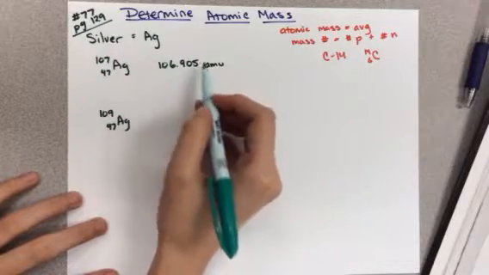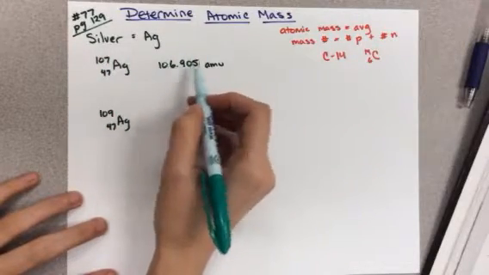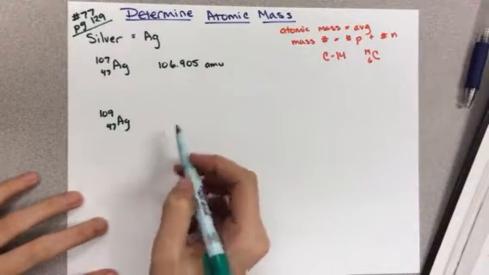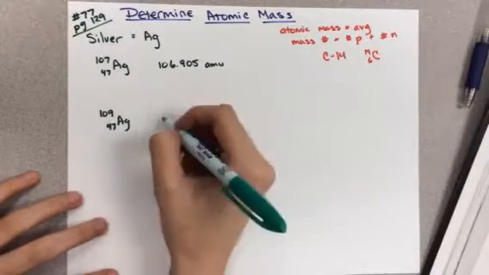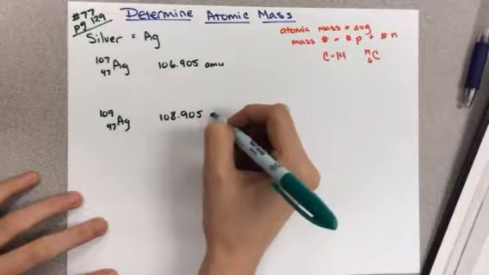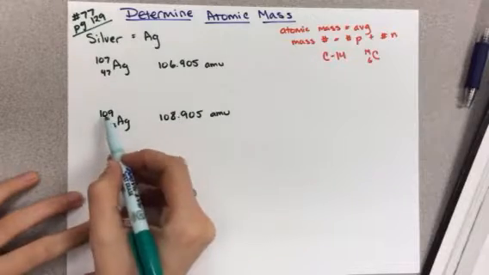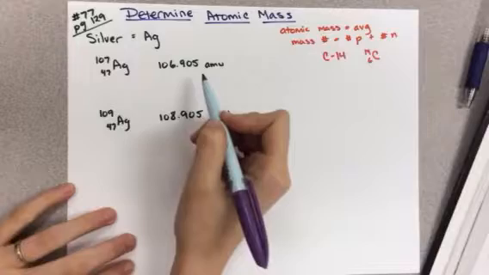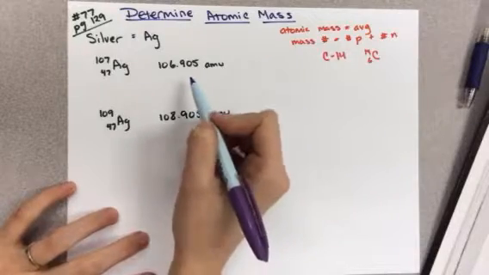This is a much more precise measurement of mass for this particular isotope. And for this isotope, it was 108.905 AMU. Again, very close to the mass number of that particular isotope.